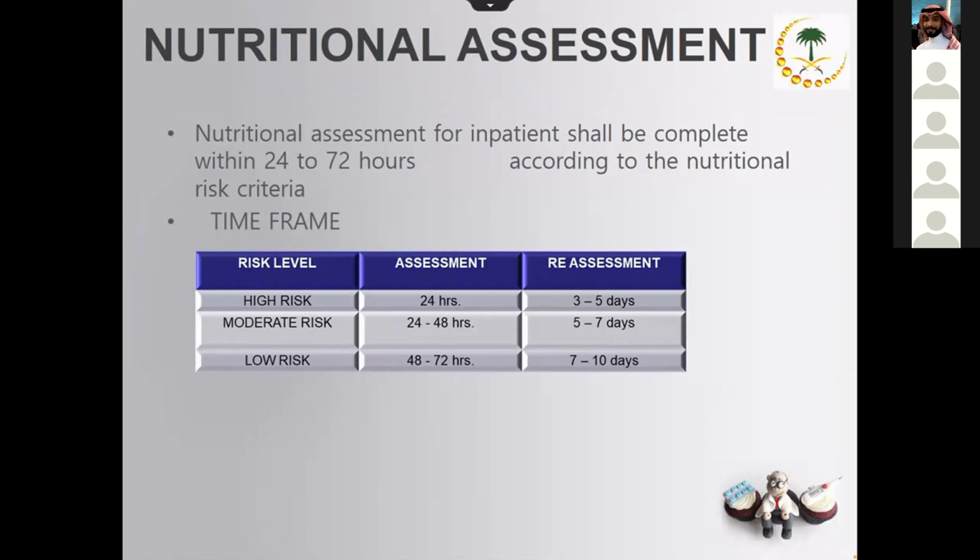As you can see here, high risk is within 24 hours, moderate is 24 to 48 hours, low risk 48 to 72 hours. The reassessment is within 7 to 10 days for low risk patients, and for long term patients we can take more days to review the diet plan, up to 14 days.